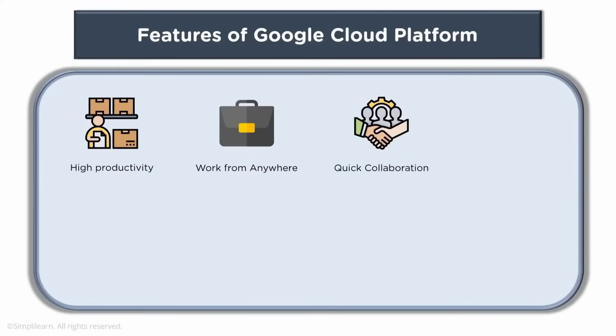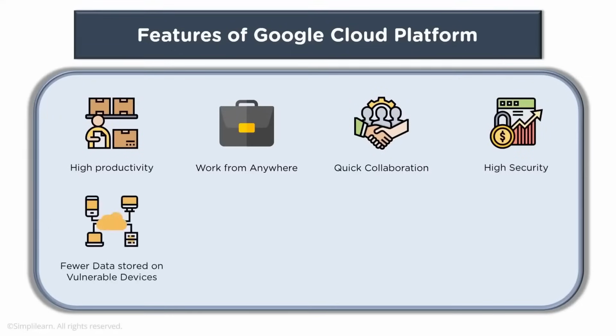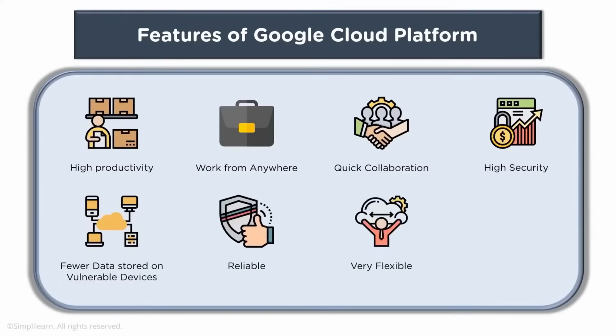You benefit from high security and the different encryption and security mechanisms which GCP offers. There is less data stored on vulnerable devices. There is high reliability, flexibility, and scalability, and the cost effectiveness really makes it a good choice when you want to benefit from infrastructure modernization and using a cloud platform solution for your use case.